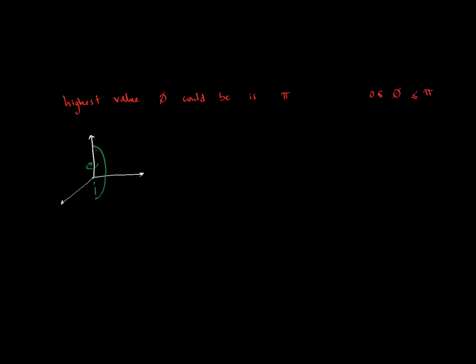So you see here the angle phi, which is the angle from the positive z-axis going in the clockwise direction. The maximum angle here is pi. You can't go over pi. So that's why phi has to range between 0 and pi.